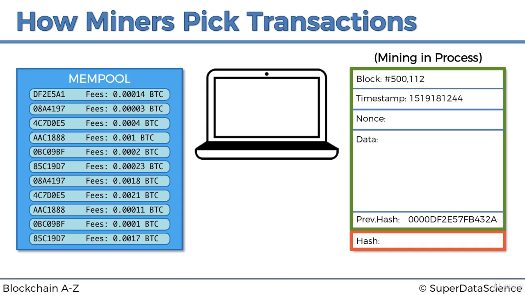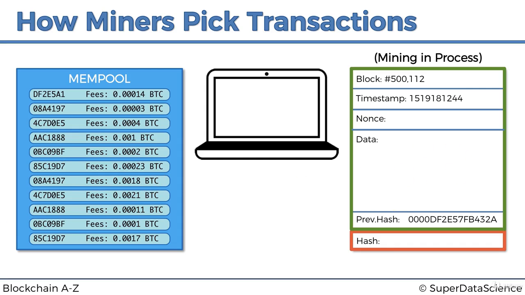Let's say, for argument's sake, that there's a maximum of 5 transactions they can include. In the real blockchain world, there's a different limit: the limit is 1 megabyte, and however many transactions fit in there, about 2,000 transactions fit per block. But for our purposes, we'll just say that a miner can include a maximum of 5 transactions here.